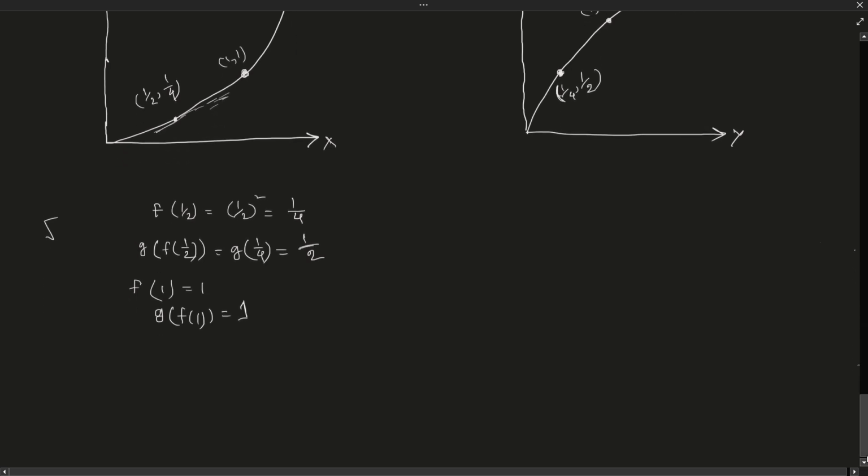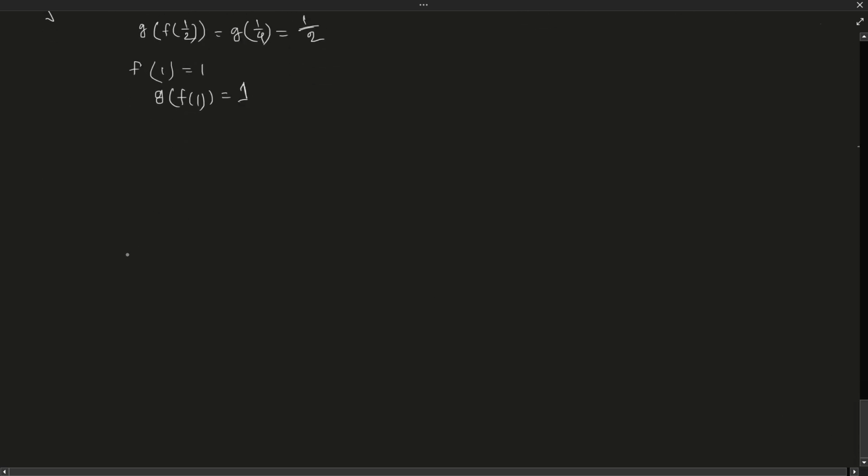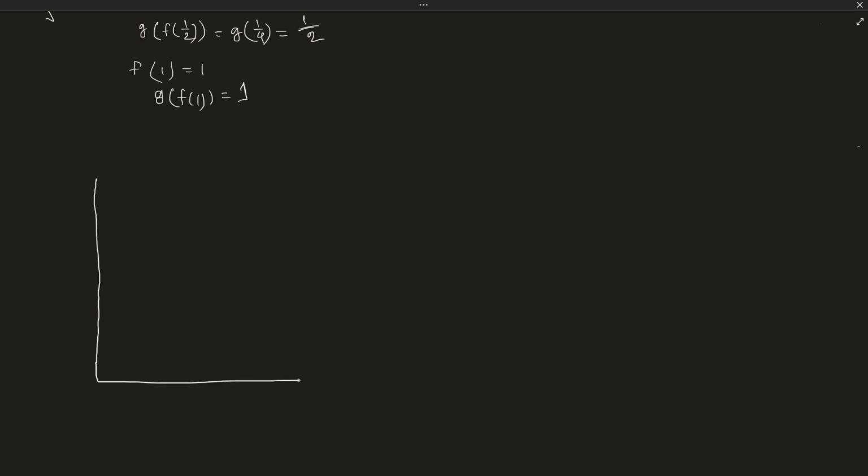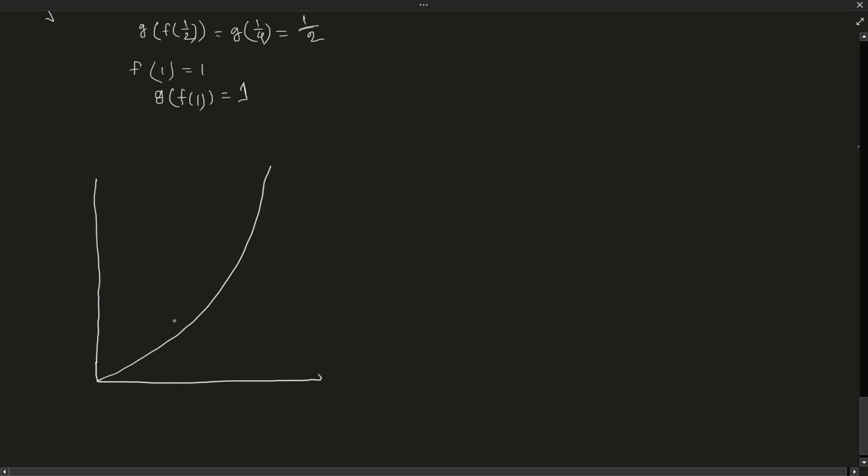Now let me draw more details. Suppose it's 1 comma 1 here, and we have also another graph like this, suppose we have 1 comma 1 here.